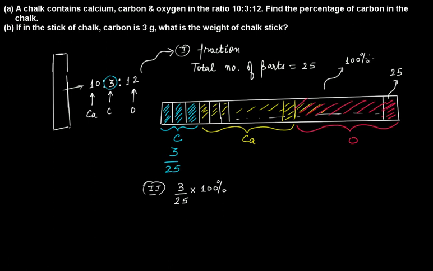Therefore, in order to calculate what percentage this fraction represents, you have to multiply the fraction times this whole 100%. If you solve it, you get what? You get 12%.